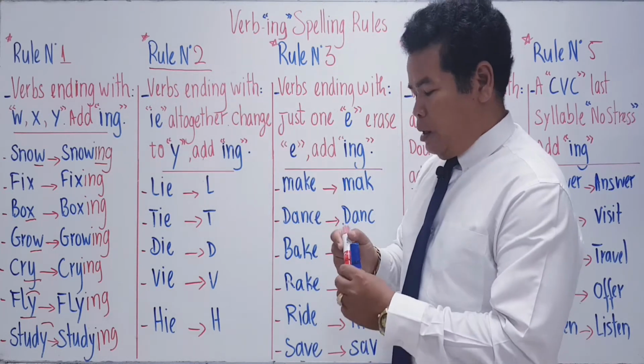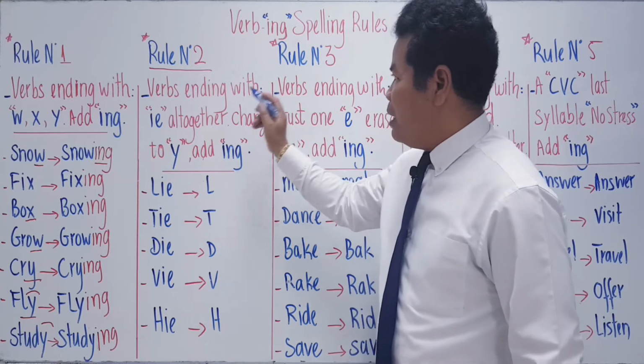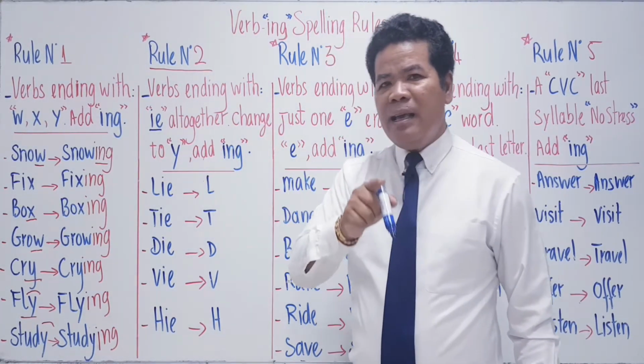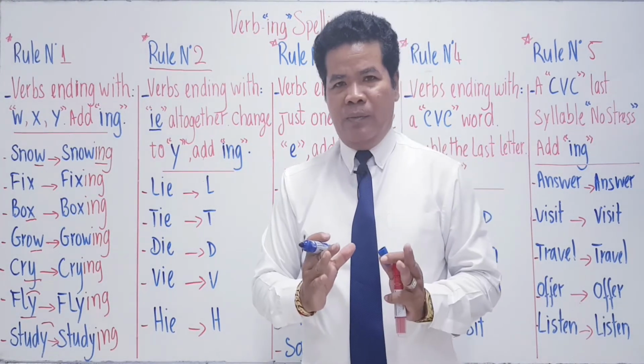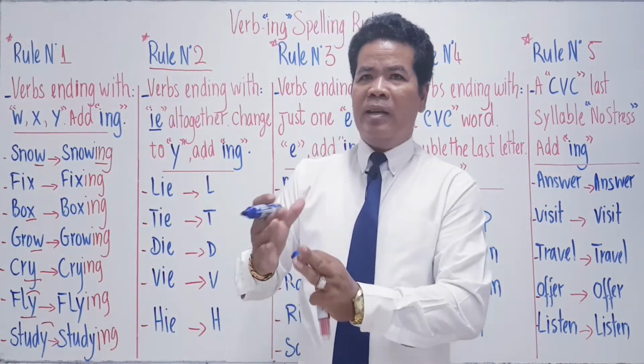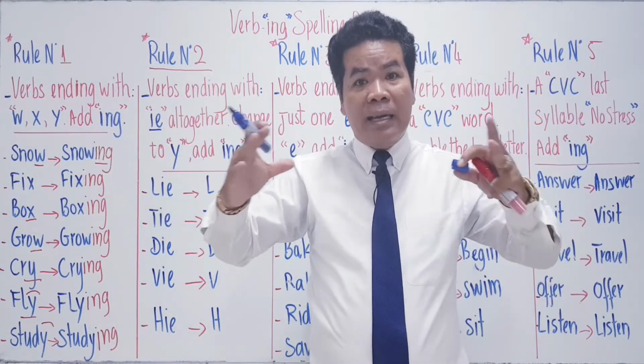Verbs ending with IE. Remember? IE together, not I and then add a letter and then E. No, just ending in IE together.